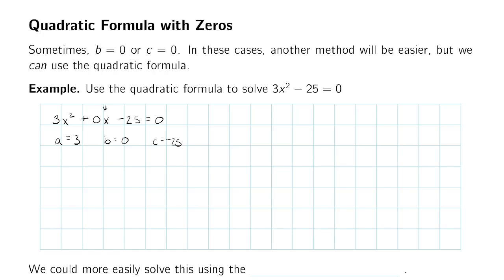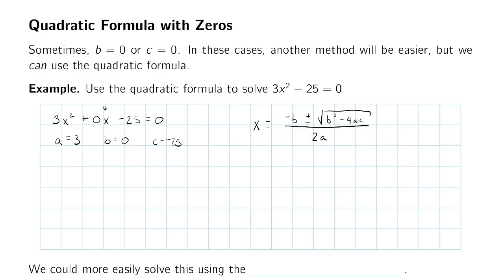And so when I plug into the quadratic formula, remember the quadratic formula is x equals the opposite of b plus or minus the square root of b squared minus 4ac all over 2a.